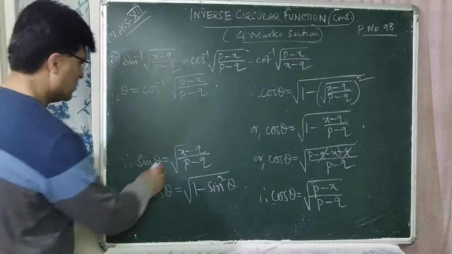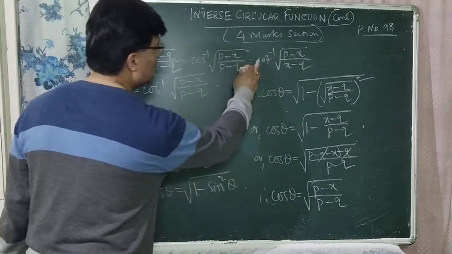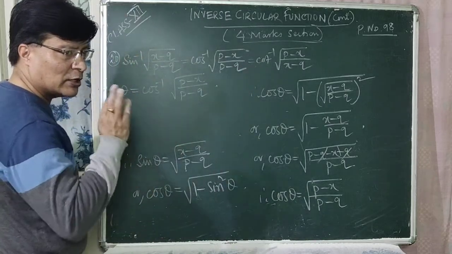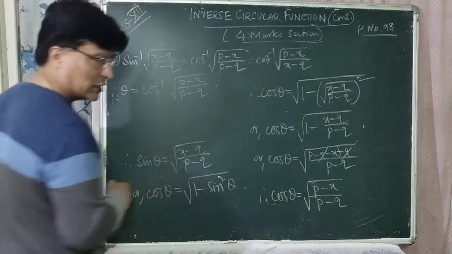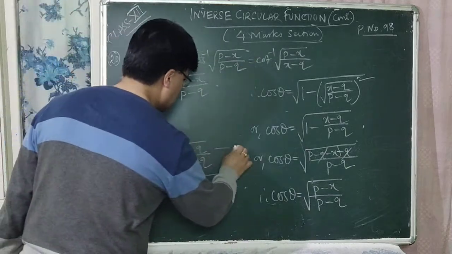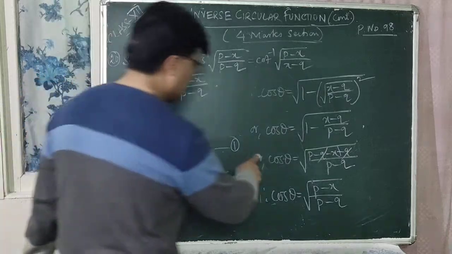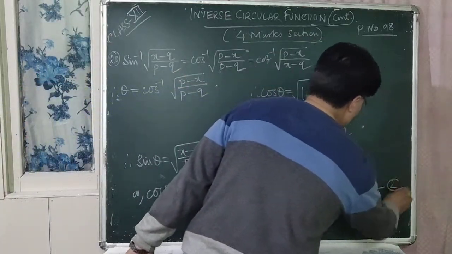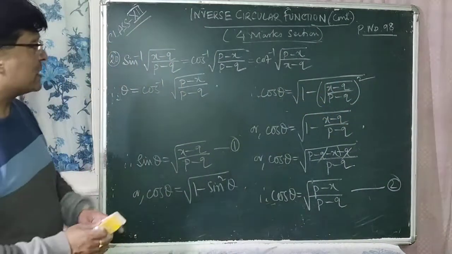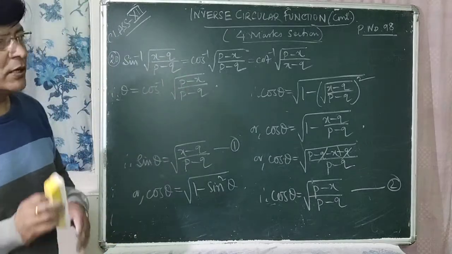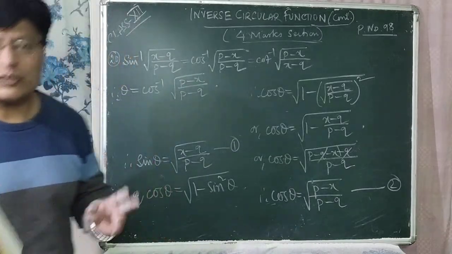So now this was sine theta, isn't it? Now we have to prove in terms of cot inverse. That is, you have to prove theta in terms of cot inverse. Okay. So let us mark it as number 1 and let us mark it as number 2. So in order to get the value for cot inverse, first of all you have to get the value for cot theta.